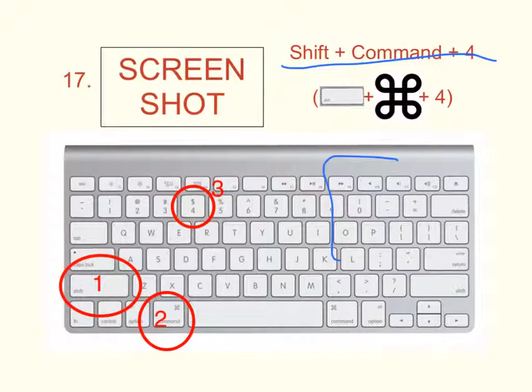Shift Command 4 will put that image on your desktop so that if you're doing a number of them, you can decide what images you have and where you want to put them. And that is different from the next screenshot, which uses the clipboard.